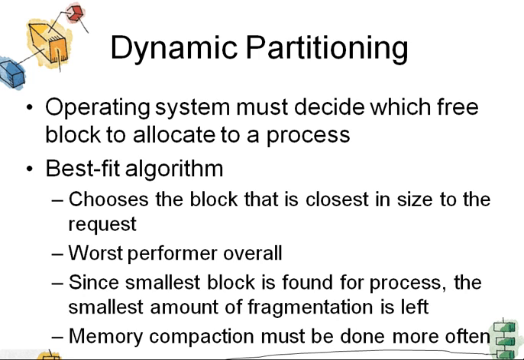It is considered the worst performer because if you find the smallest block that is suitable for the requesting process, then you will face the smallest amount of fragmentation. The fragmentation that will be caused will be of very small size. And there again you need to run memory compaction often. Very frequently you have to carry out memory compaction.